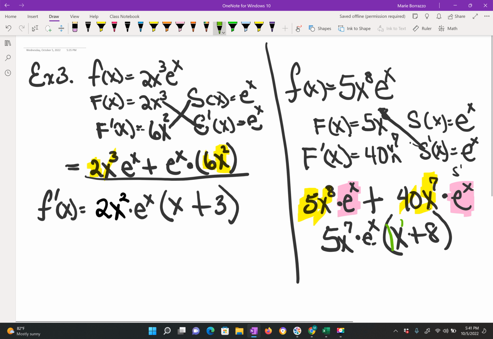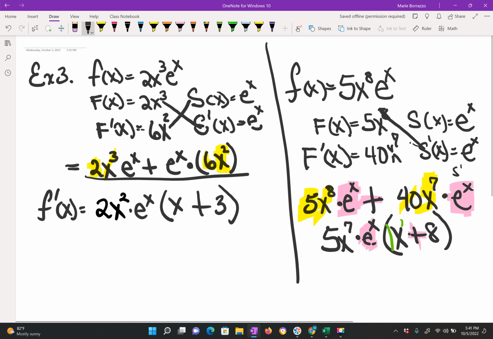The e to the x, obviously that's common, you can see it in both. And then the last piece is just the 40. 5 times what gives me 40? Because remember, there's a big old plus sitting right here.